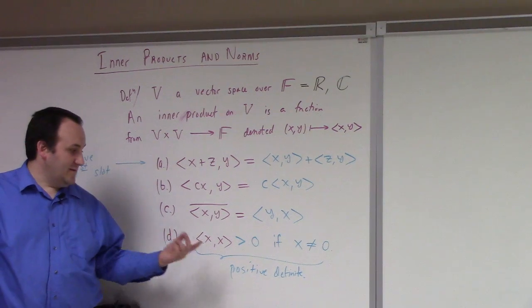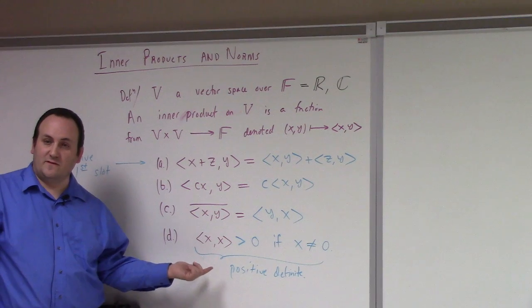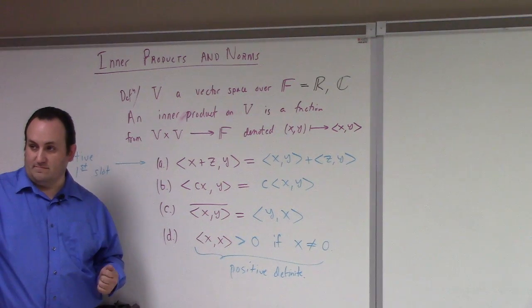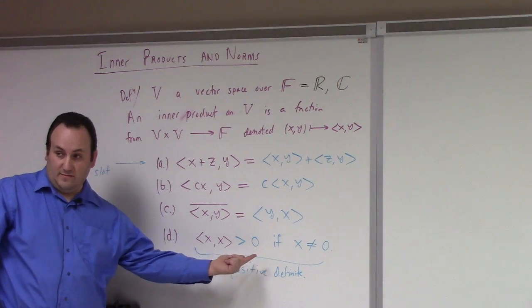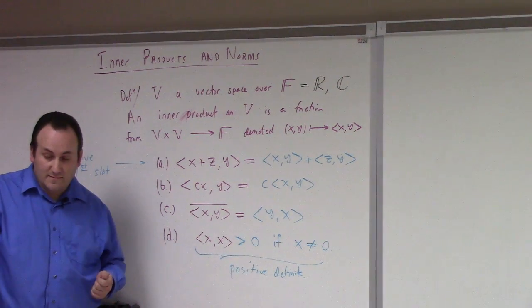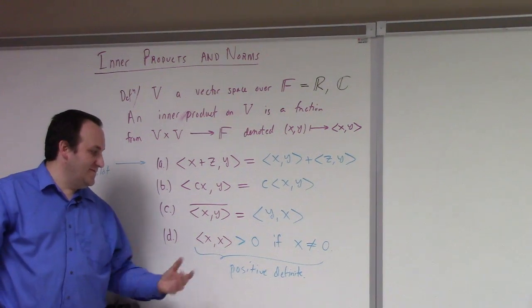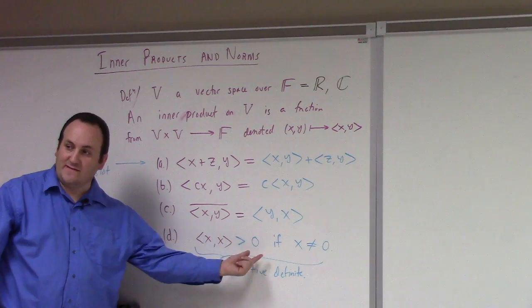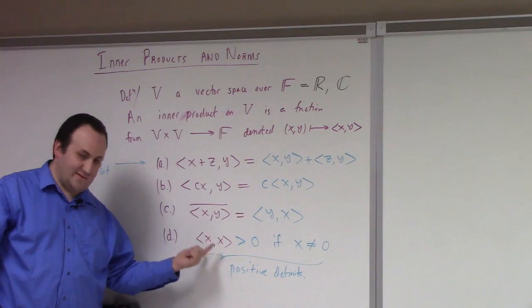No, but that doesn't matter, because a more complete statement of D would be that the inner product of x with itself is a real number and it's positive. I can't meaningfully write that x with x is positive unless this is a real number. This is a sneaky way of saying that x with x is a real number.